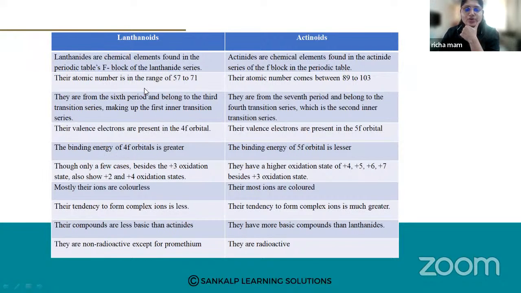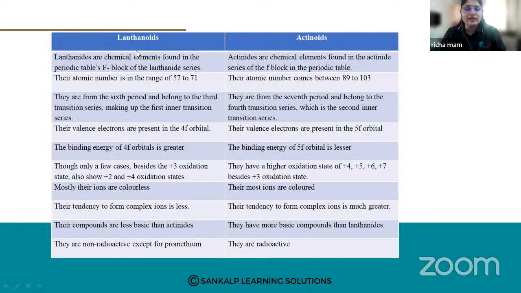When we come to actinoids, they are from the seventh period and belong to the fourth transition series, which is the second inner transition series. So lanthanides are in the sixth period and actinoids are in the seventh period.